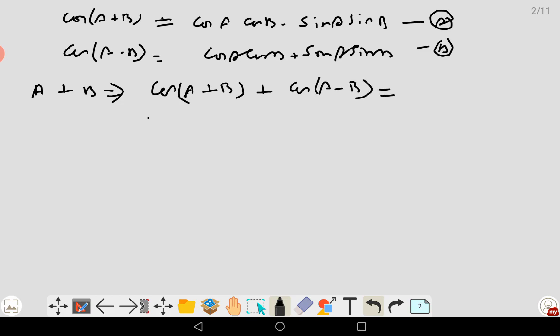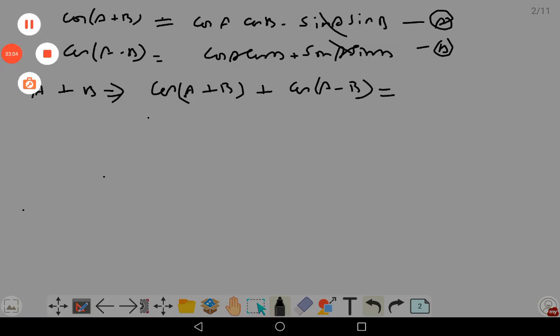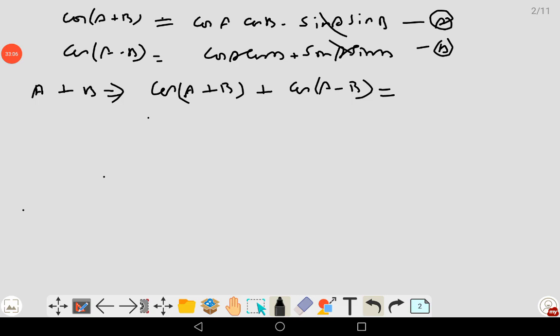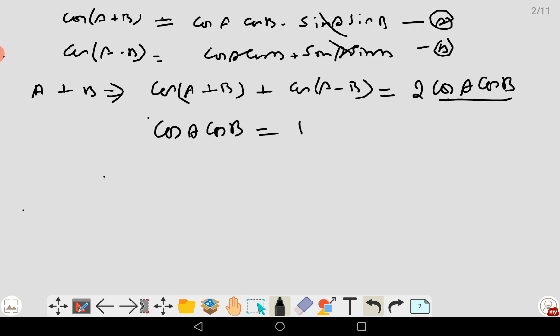On the right hand side, these two will be cancelled. You will get 2 times cosine a cosine b. So take 2 to the left side. What do you get? Cosine a cosine b is equal to 1 over 2 times cosine a plus b plus cosine a minus b.